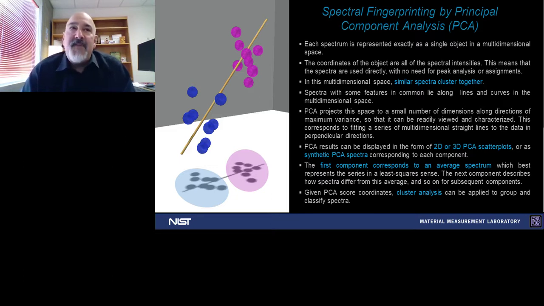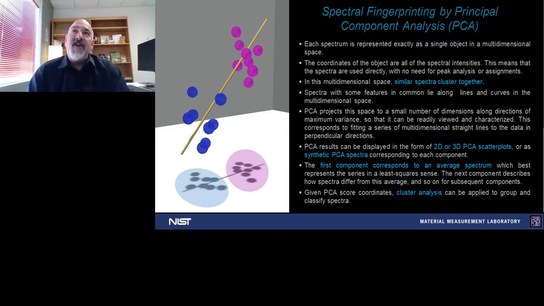Whereas if we have two spectra that are mostly similar, but perhaps they vary in one place because a peak moves a little bit from one location to another, spectra like that are going to tend to lie along lines and curves in this large multidimensional space, because they're going to have one set of coordinates in common, that is to say, all the parts of the spectra that are the same, and some small subset that vary continuously, those parts of the spectrum that are different.